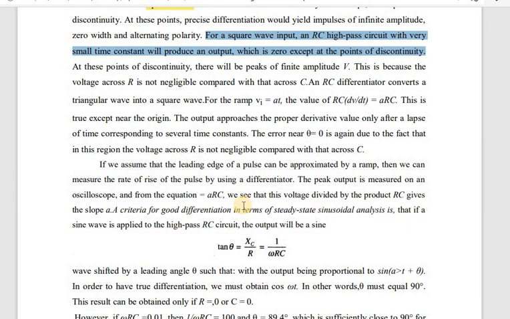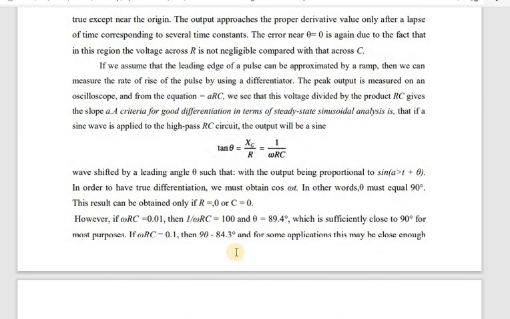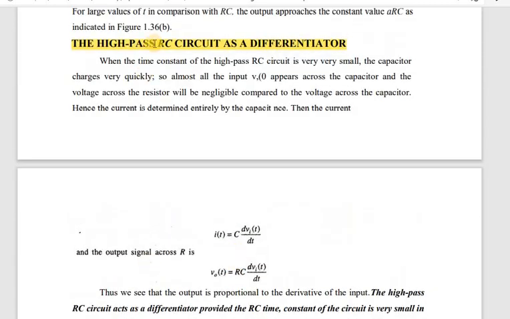We have also seen whether to apply the differentiation at the leading edge or the trailing edge to get the proper output. Then, as the last criterion, when you are applying the sinusoidal input voltage for proper differentiation, you have to apply this equation and the conditions given here. So I hope you are clear with the part on the high pass RC circuit which acts as a differentiator.